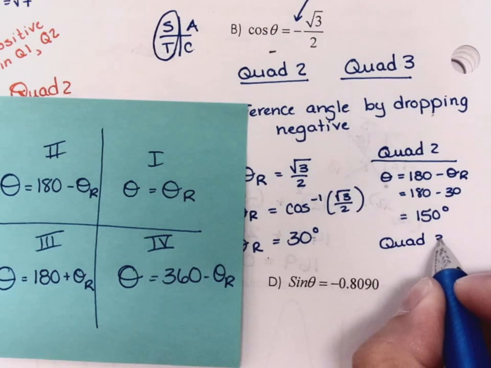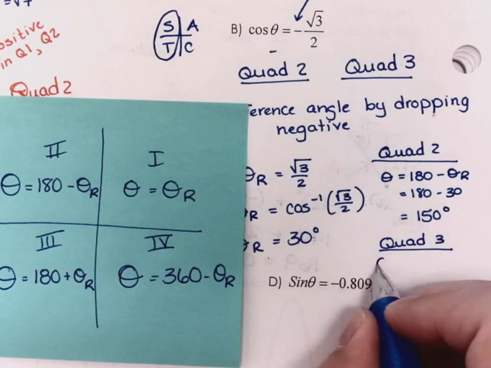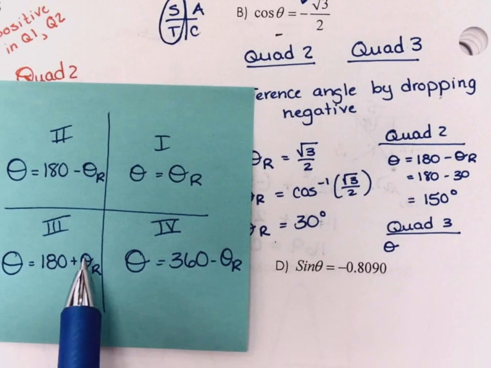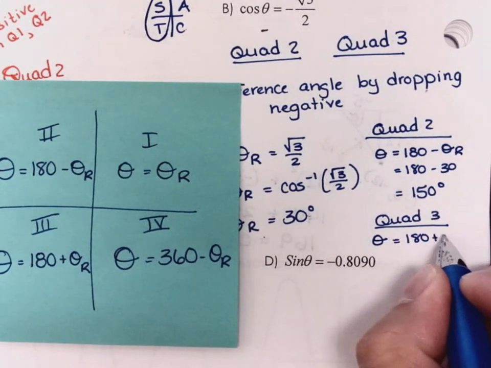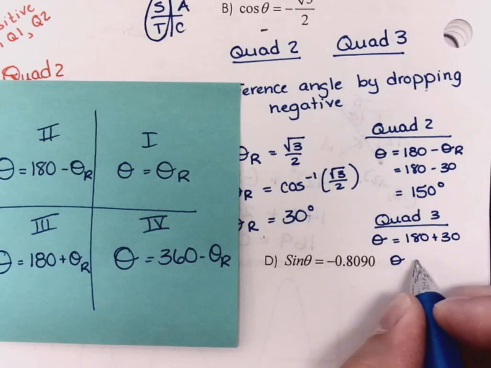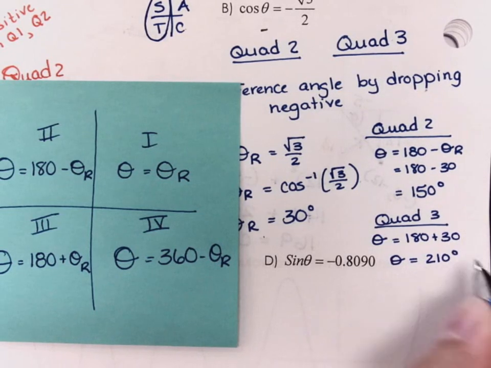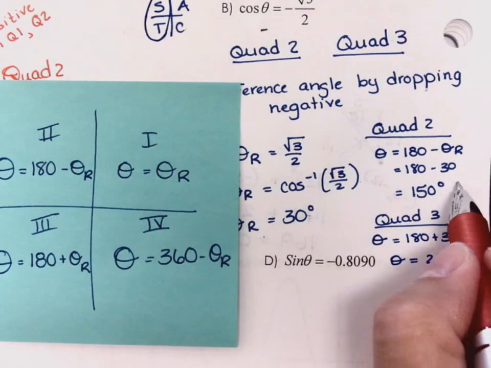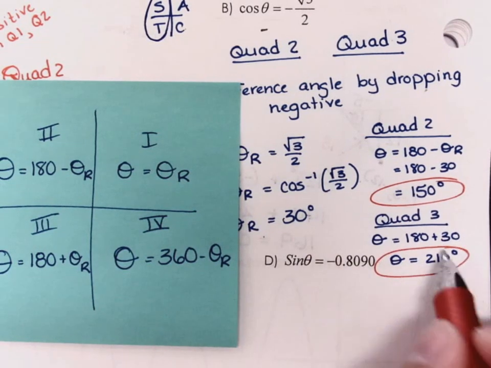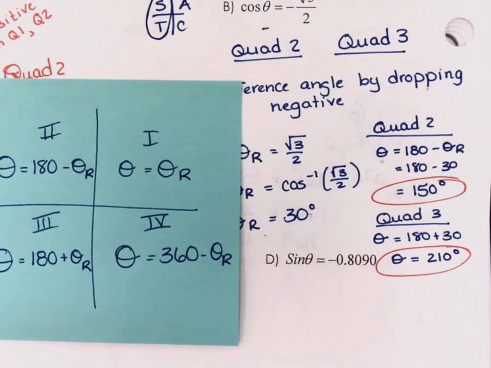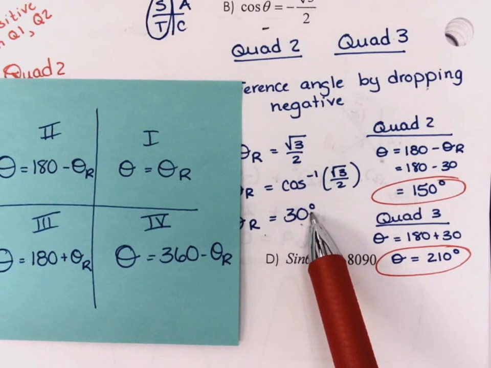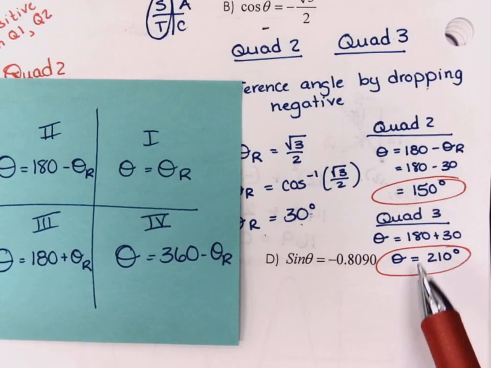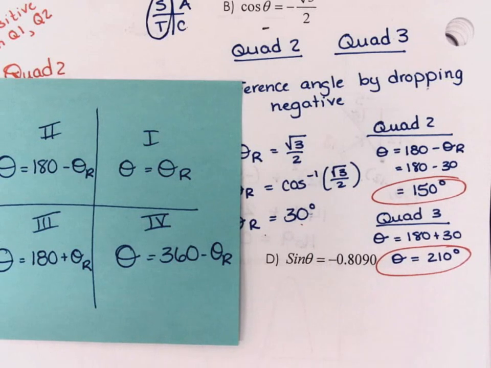And then in quadrant 3, theta is equal to 180 plus theta r, so it's going to be 180 plus 30. And so I will be at 210 degrees. So my two answers are 150 and 210. This is a helping angle. It is not the correct answer. These two are my correct answers.